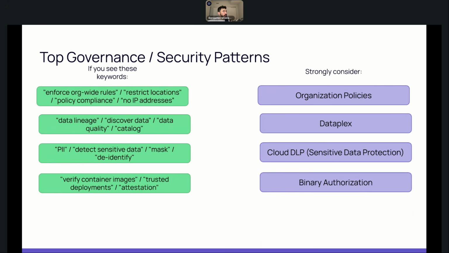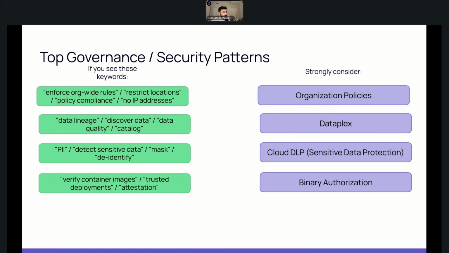Dataplex is growing as a service in terms of its features, and so it is swallowing up the capabilities of data catalog, but it's also fulfilling this ability to allow organizations to create data meshes and govern their data more easily as well.